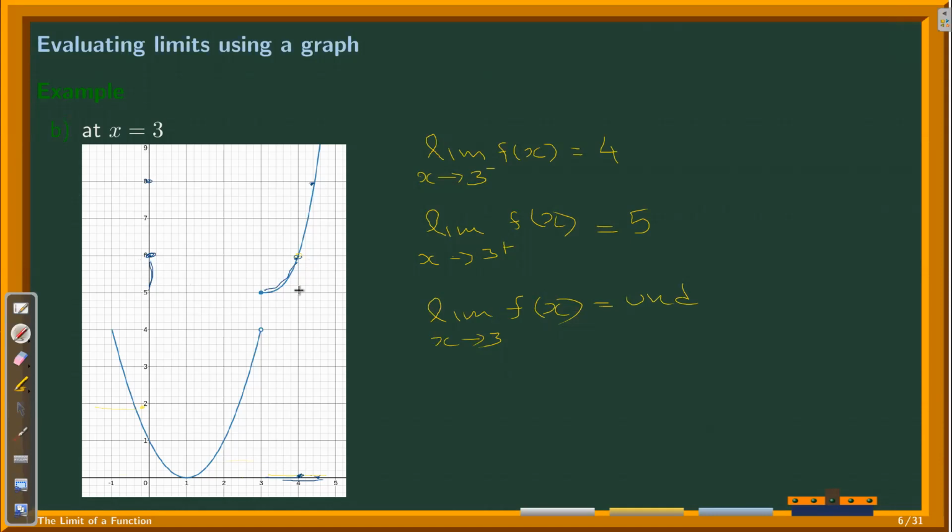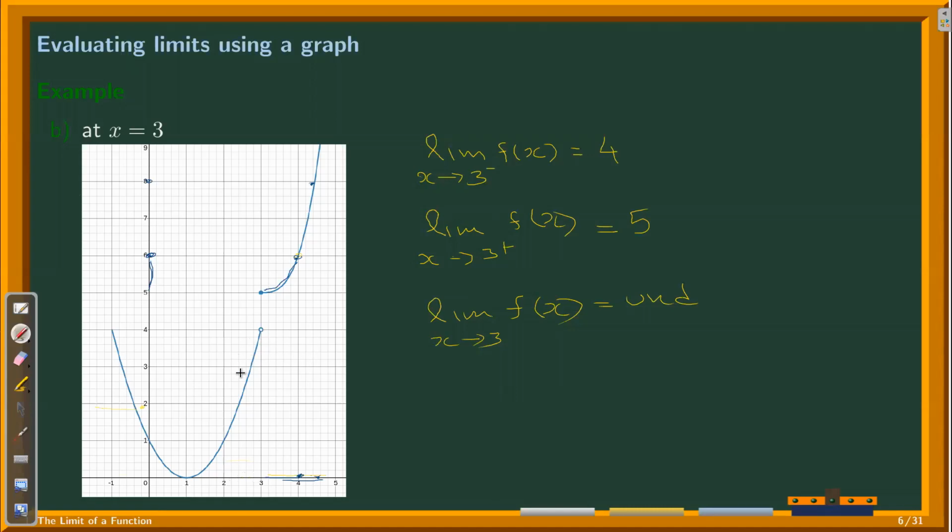Okay. So there is one more thing I want to mention. The limit is decided by the values very close to this point, no? So I don't have to work from the furthest point. I can start from any point less than 3. So if I'm looking for the left side limit, I can start at any point here less than 3 and observe what happens very close to 3, no?